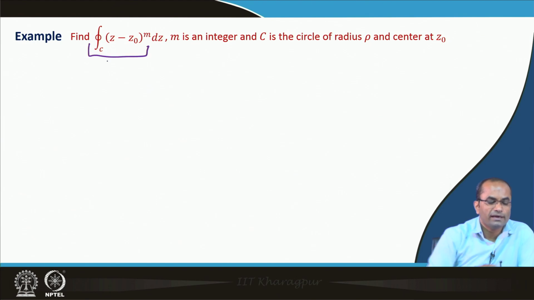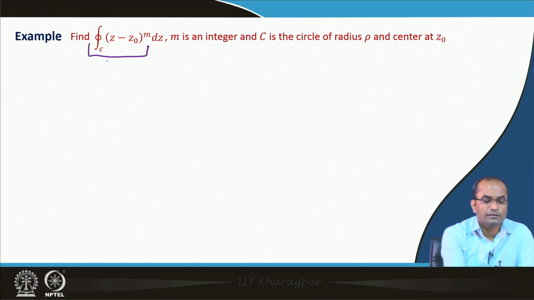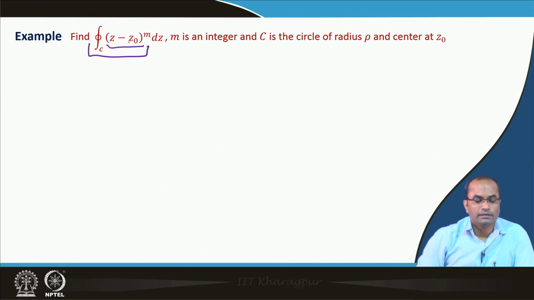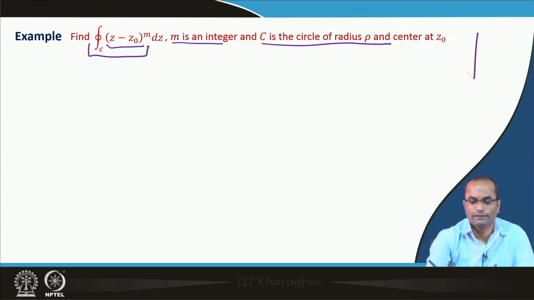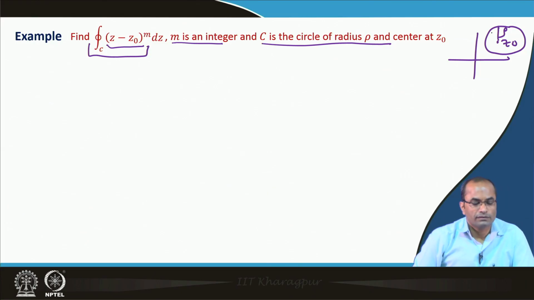We want to evaluate the integral over the closed curve C of the integrand (z minus z0) to the power m dz, where m is an integer and C is the circle of radius rho and center at z0. So, we have the center z0 and the radius is rho for the circle over which we are integrating this function.